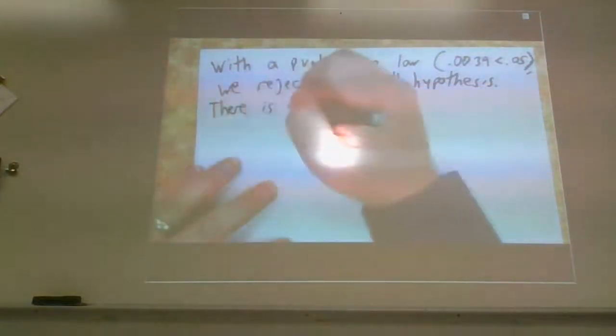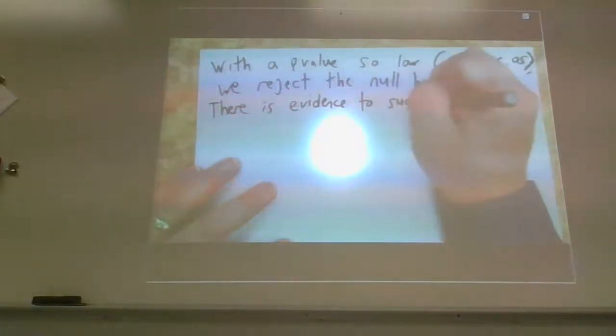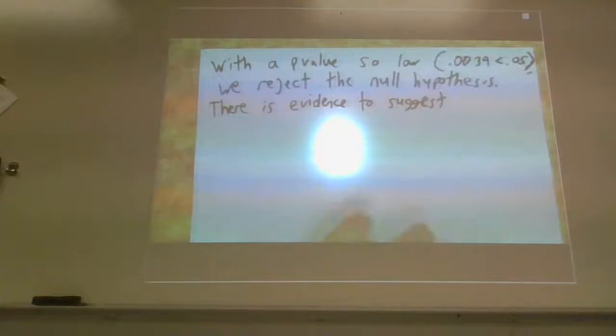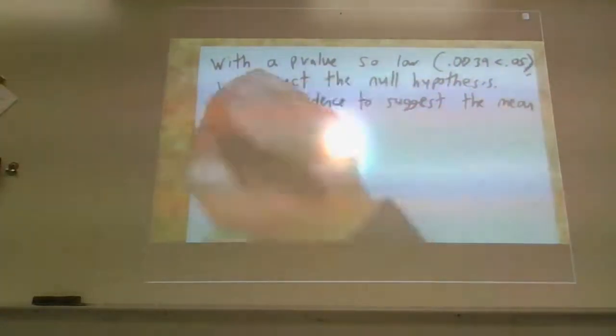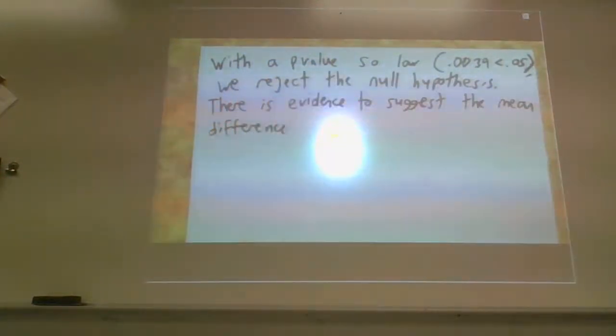There is evidence to suggest the mean difference between, let me word this exactly, the following data, the bacterial counts of the 8 rooms before and after a new air conditioning system was installed.